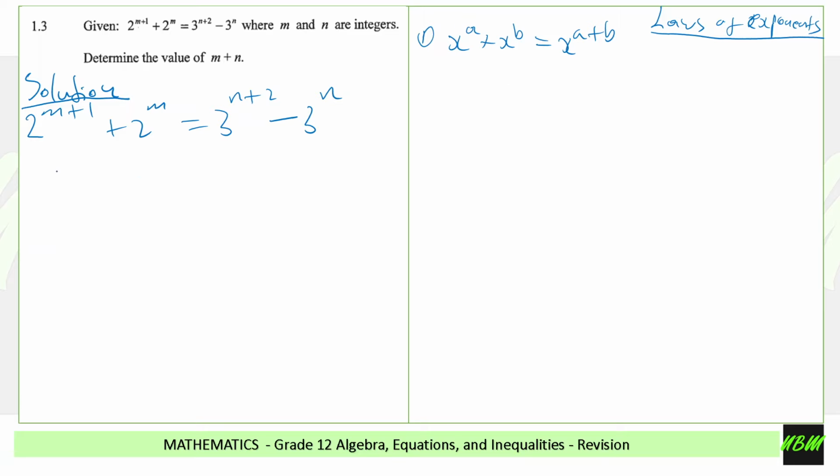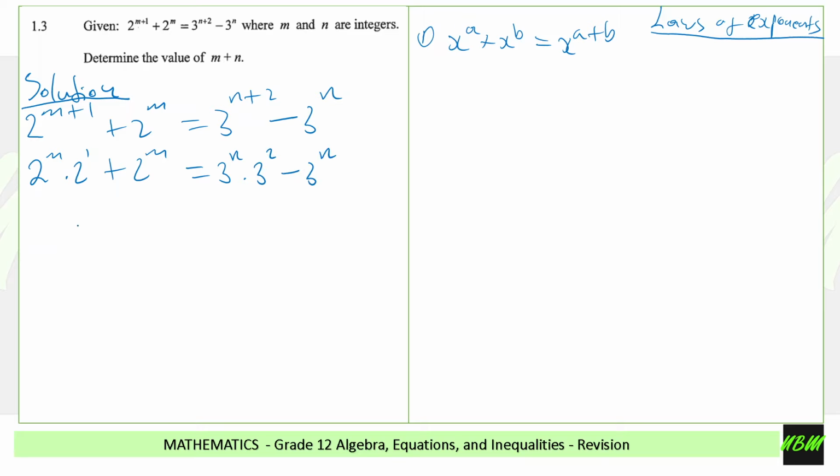So what are we going to do? 2 to power m plus 1 is the same as 2 to power m multiplied by 2 to power 1 plus 2 to power m equals to, on the right hand side, 3 to power n plus 2, which is the same as 3 to power n multiplied by 3 to power 2 minus 3 to power n.